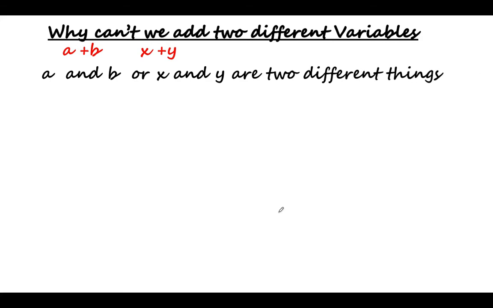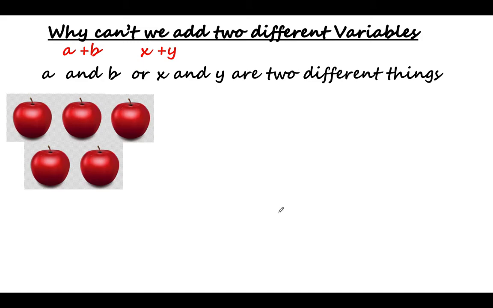Okay, now one more thing: why can we not add two different variables? If I have a and b or x and y, I always write them as a plus b or x plus y. Why can't we just add them up and write them as something? Look at this image clearly. I have 5 apples here, and I have 3 oranges with me.